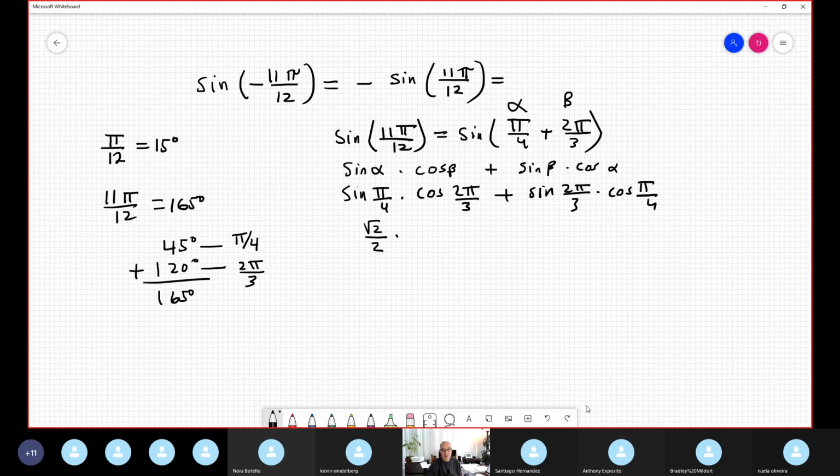Cosine 2 pi over 3, oh, I don't remember. In what quadrant does 2 pi over 3, 120 degrees, lie? Second. Second, very well. This is my famous 120 degrees.